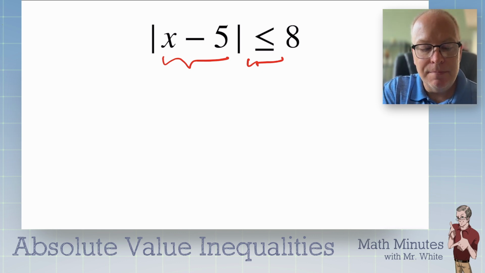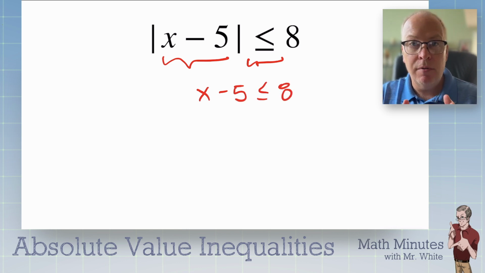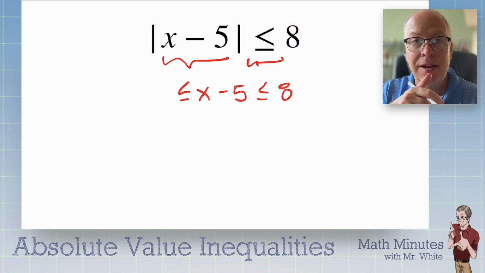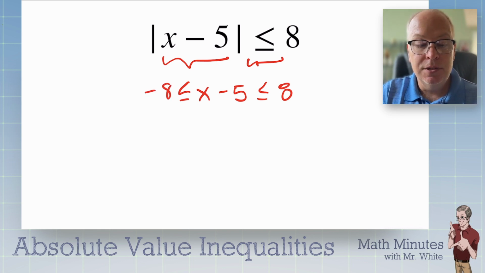What I mean by that is X minus 5 needs to be less than or equal to 8. We know that, but there's another requirement, I guess, that it needs to be bigger than or equal to -8.